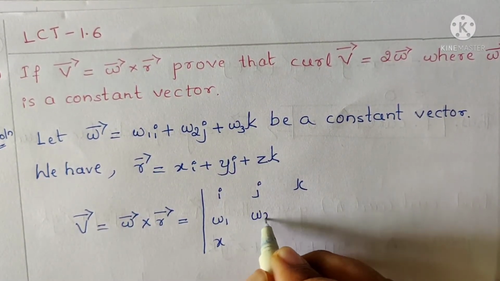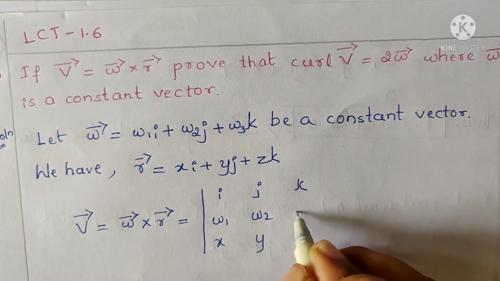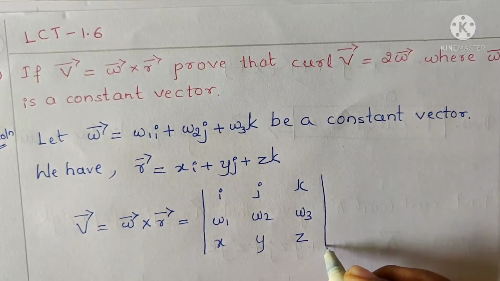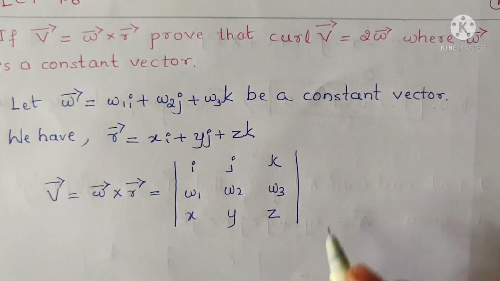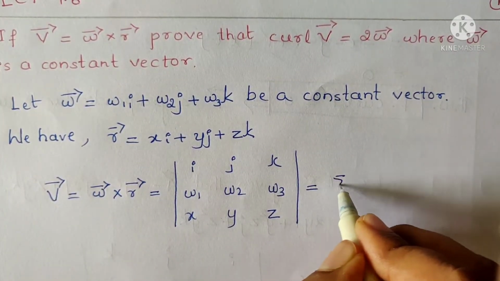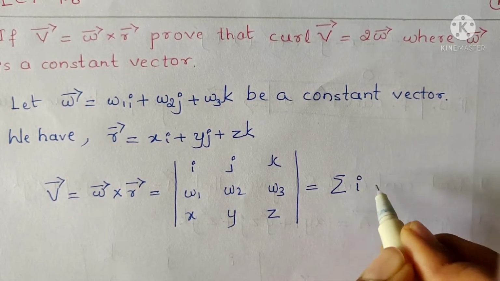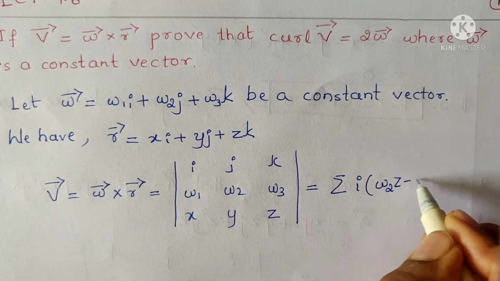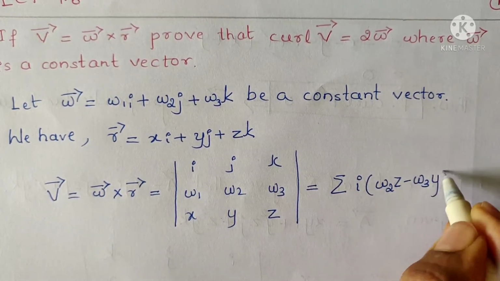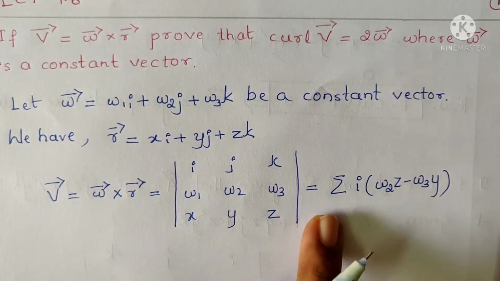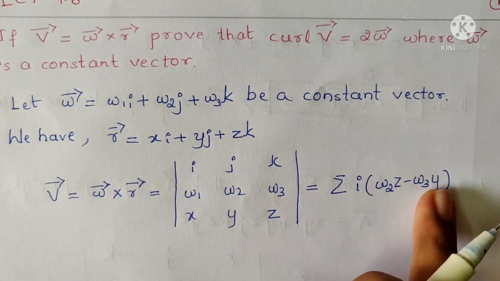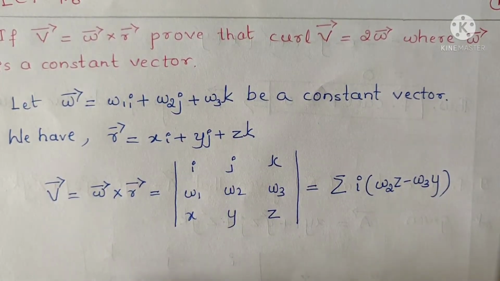For j it is w2, and this is y. This is w3 and this is z. So this is nothing but the summation of i into w2z minus w3y. Summation, it's symmetrical. Next comes j, here y, here z, like this.